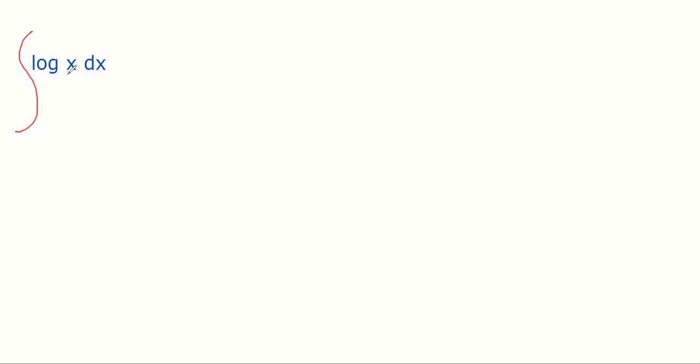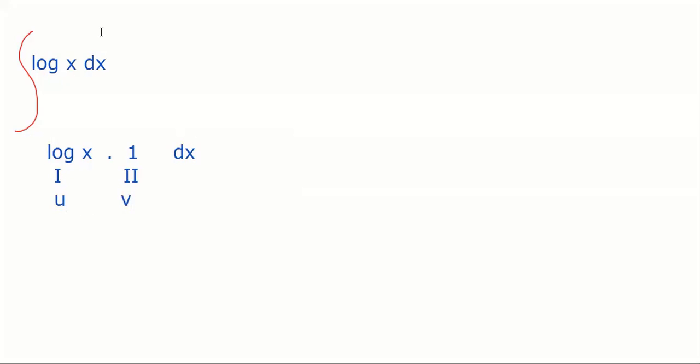First what we have to do is, because log x has no direct integral, you write log x as log x into 1 and apply again the rule of ILATE and say which is the first function and which is the second function. See, 1 is also considered algebraic only, right? Because with variable value 0, power 0. So this will be your first function, and this will be your second function.